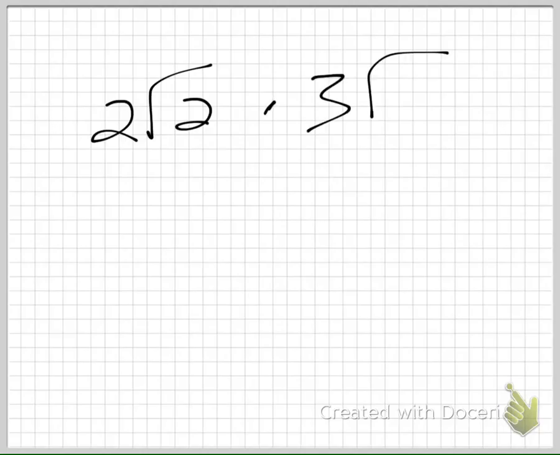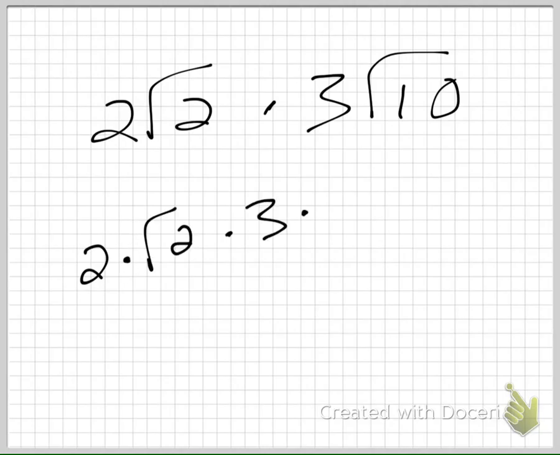Okay. Really quick then. What about 2 times the square root of 2 times 3 times the square root of 10? Let's look. It's all being multiplied here, right? So if you need to break it down, you go 2 times the square root of 2 times 3 times, how can I break down the square root of 10? The square root of 2 times the square root of 5.